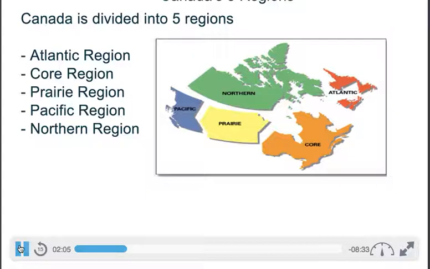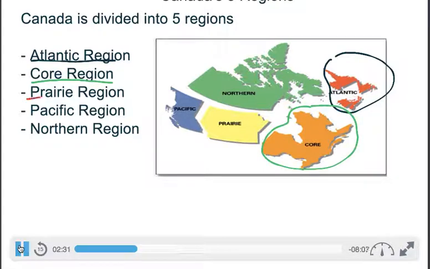Alright, next one. Canada is divided into 5 regions. So let's break this down. First one is the Atlantic region, and this one's found right here. Next one is the core region, and that's this one right here.